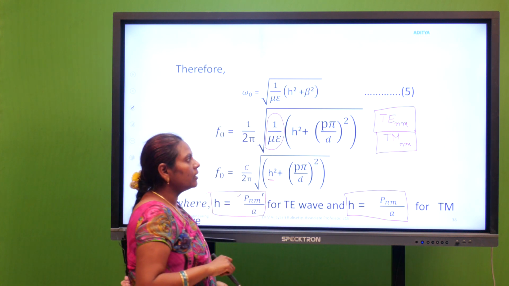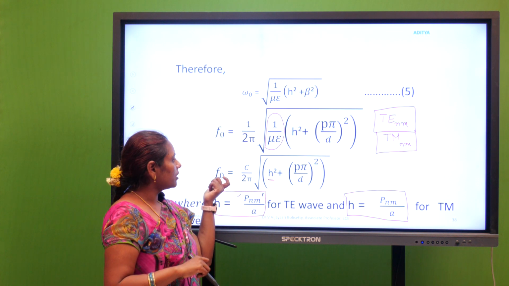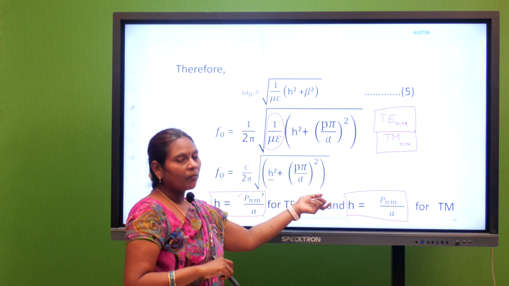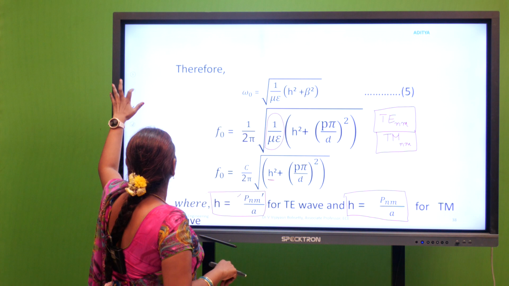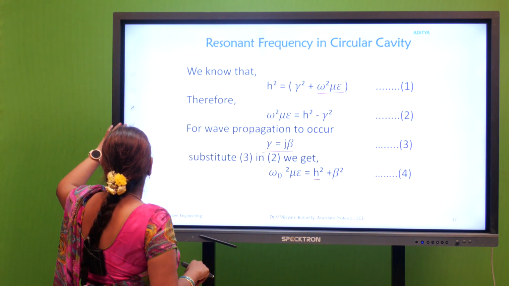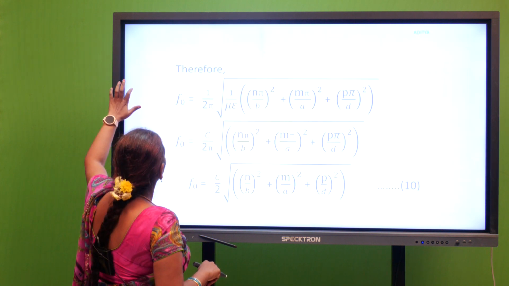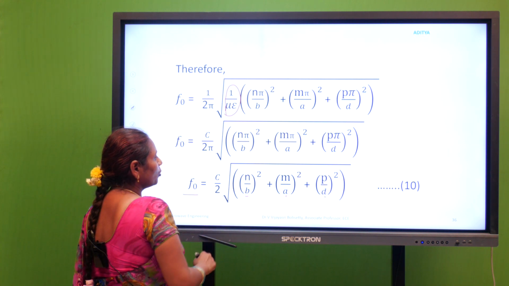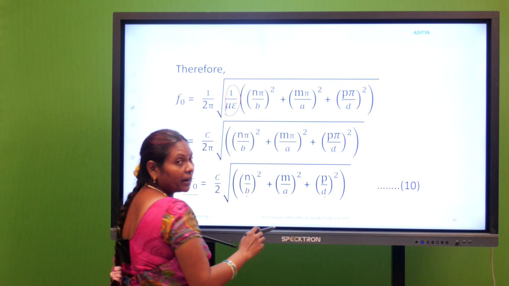As this h differs, f naught also changes, and this f naught is different for the TE wave and the TM wave in the case of a circular waveguide. But if you see a rectangular cavity, f naught is equal to c by 2 times root of m by a whole square plus n by b whole square plus p by d whole square.